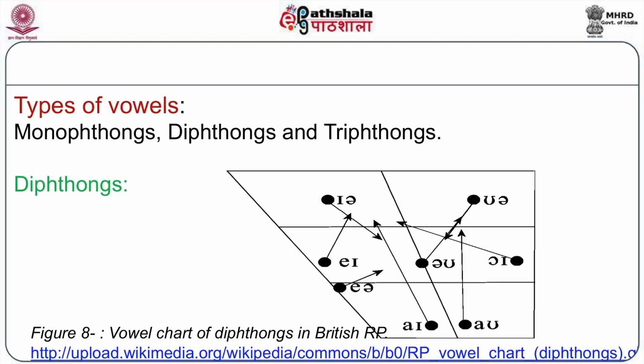The arrow shows that the vowel moves towards the target, but it is often the case that the vowel doesn't quite reach there. So the arrow is simply to show the direction in which the tongue takes the position for a change in the second vowel quality.